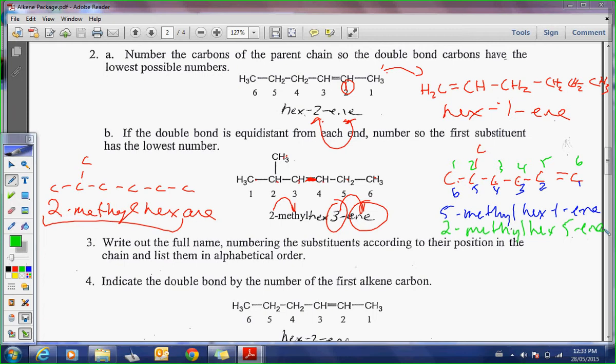Everybody all right? So the question is, is the combination of 2 and 5 greater than or less than the combination of 5 and 1? Who wins? The 5 and 1 are a lower combination. So just like we would have done for branches, which way totals the lower amount? Same thing here. So the blue wins this naming system. So even though the double bond goes first for the numbering, the methyl is on the correct carbon.